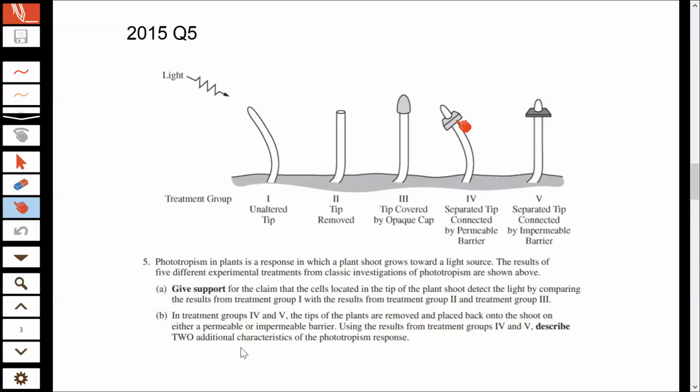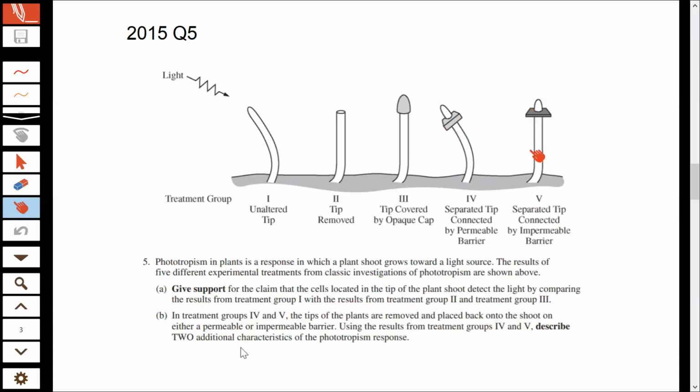It appears as though there might be some kind of cell signaling pathway, where some cell in the tip detects light and then transfers that information down the stem. So that's one characteristic that we can show. And we can show that the signal can get through this permeable barrier, which is why there is no difference.